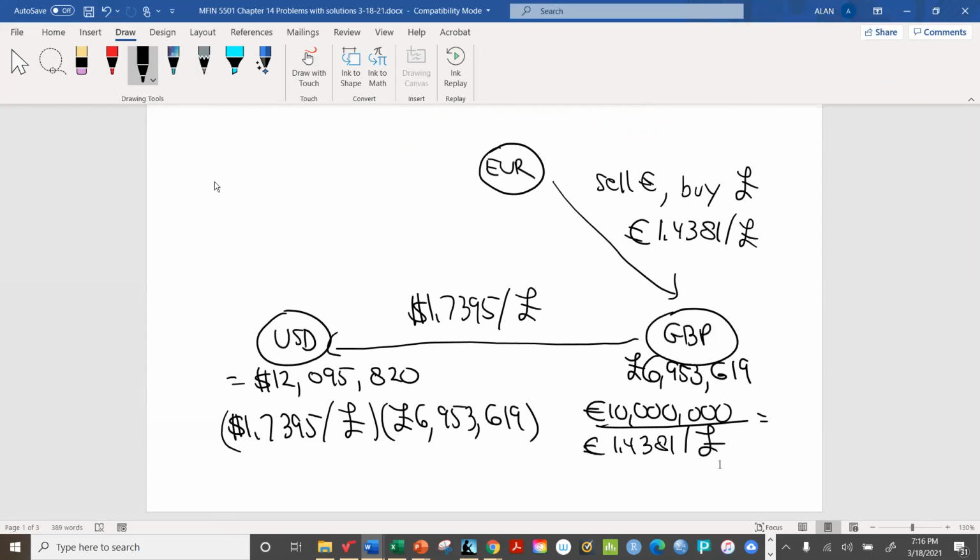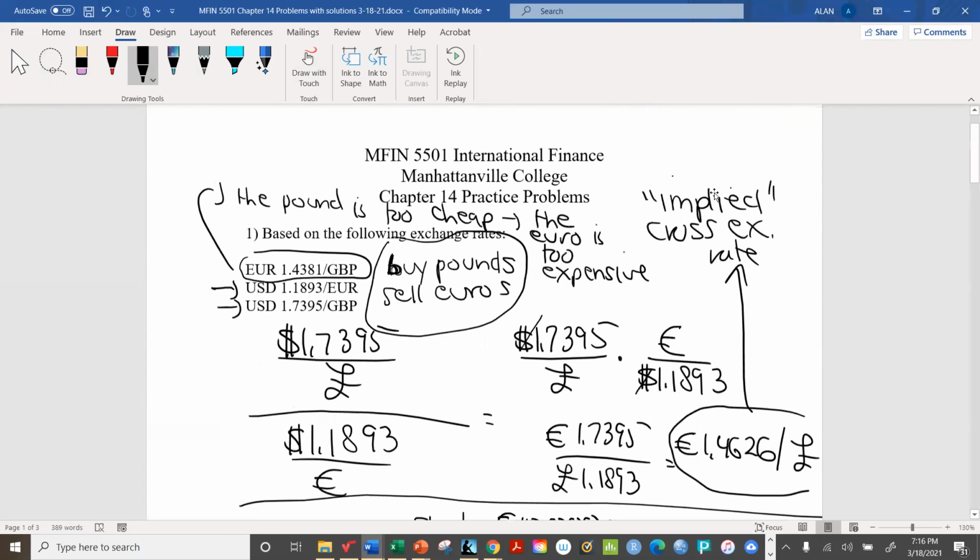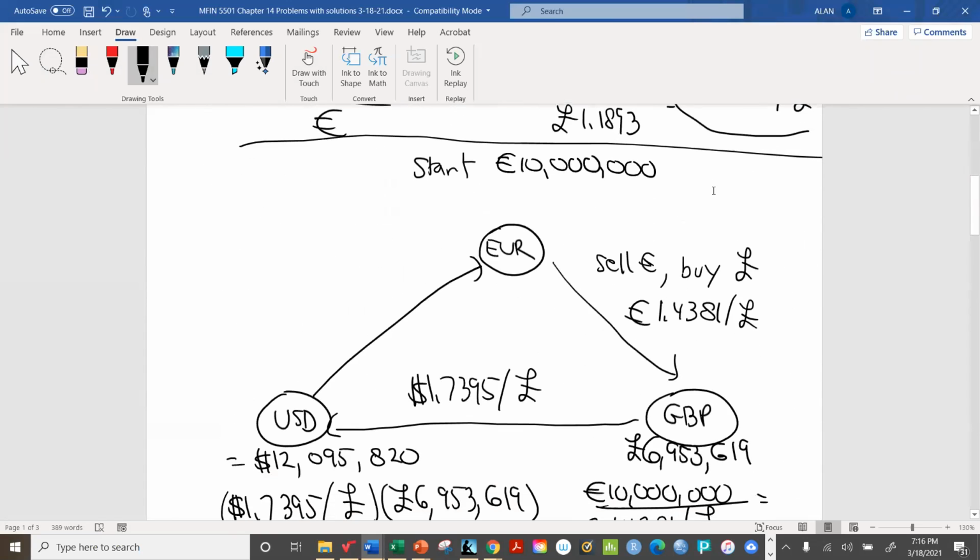Okay, and then finally, because this is a European trader, we need to at some point convert all these funds back into euros. So the spot exchange rate between the dollar and the euro is 1.1893. And so this time I'm going to divide.